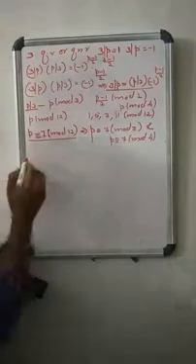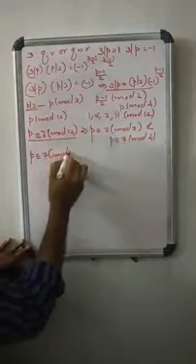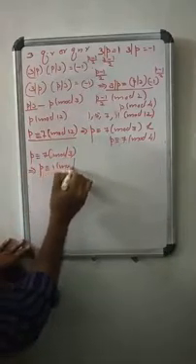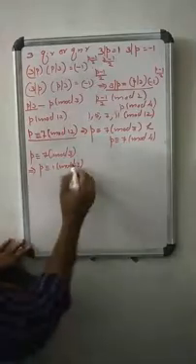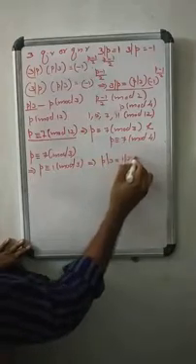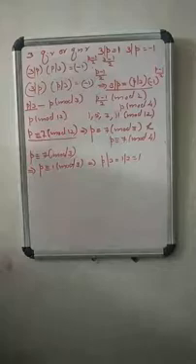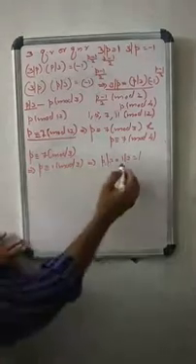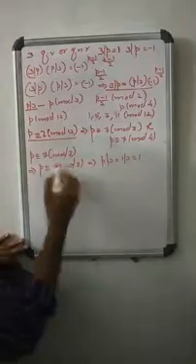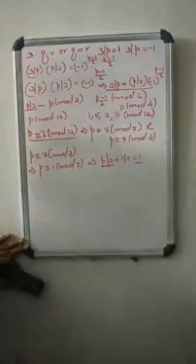So P congruent to 7 mod 3 means P congruent to 1 mod 3. Clear? P congruent to 1 mod 3 means (P by 3) equals (1 by 3). What is (1 by 3)? It is 1. So (P by 3) equals 1.